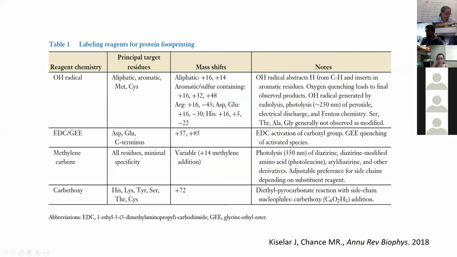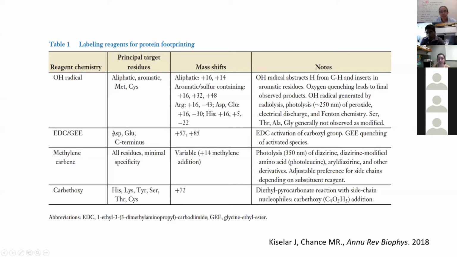So this chemical is used to activate carboxyl groups, and then GEE quenches this group, resulting in the production of plus 85 Dalton products, and also that plus 85 can hydrolyze, and then we can sometimes see a plus 57 Dalton product. This is a little bit simpler, I would say much simpler than products we can observe. So it means that it's easy to detect by mass spectrometry.